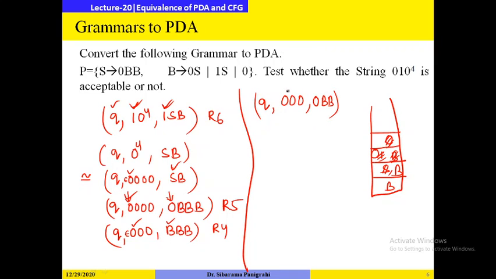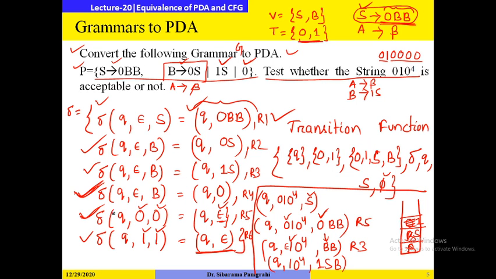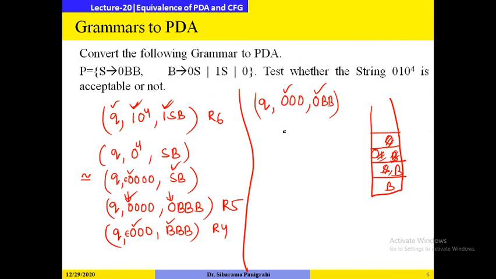Now you see the input is 0, and at the top of the stack you have 0. So which production will you use? You will use the production Q epsilon, which means you will erase a symbol. So this 0 will be consumed and this 0 will be popped out.